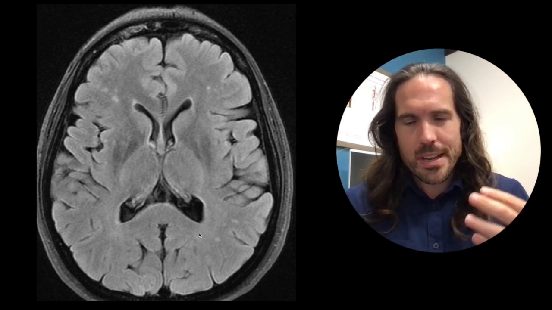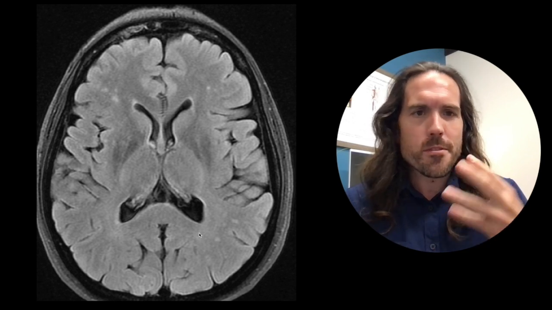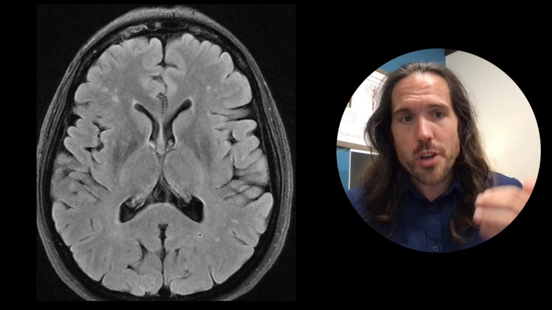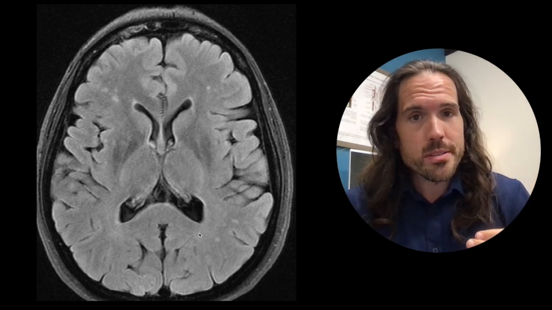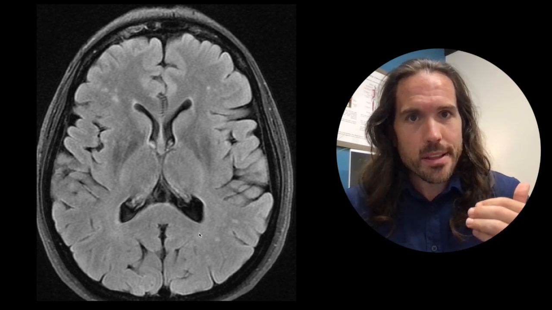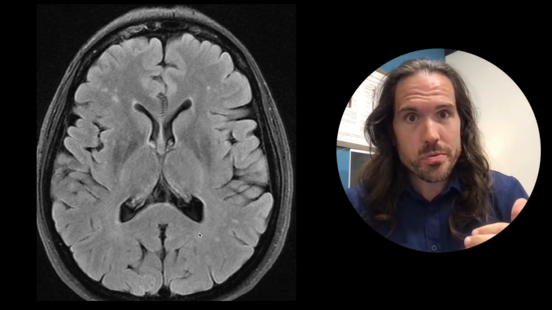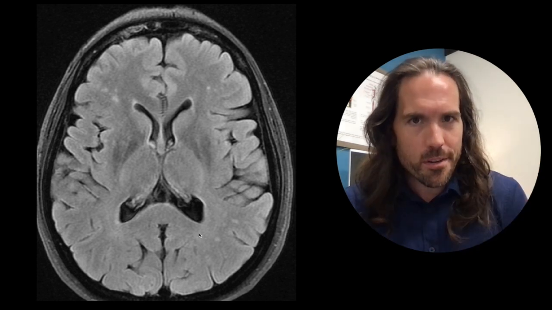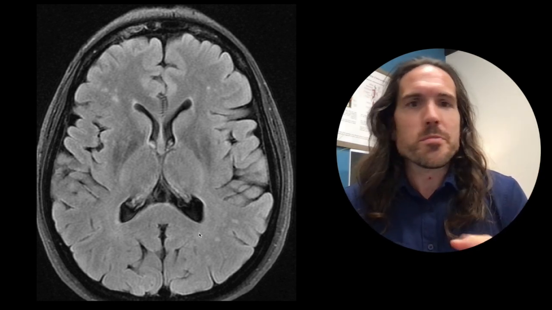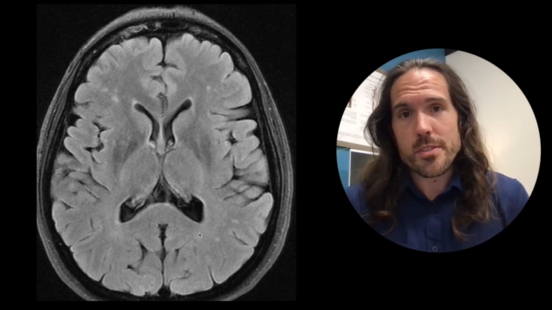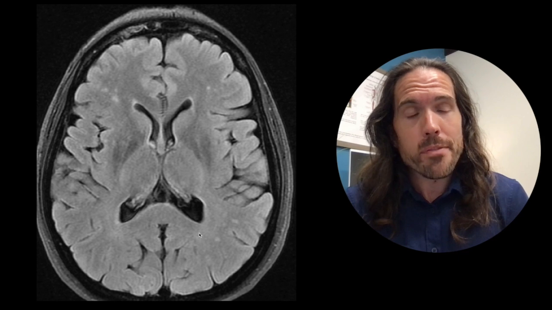Now, I will emphasize a few things here. Whenever we're looking at an MRI like this, remember that doctors and specialists are all human. We hate giving people bad news. Oftentimes we will be looking at films in advance, even before we've had a consultation with the person, and we're like, this is a conversation we don't want to have.